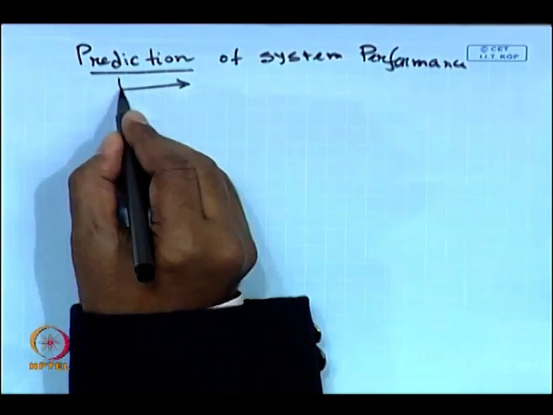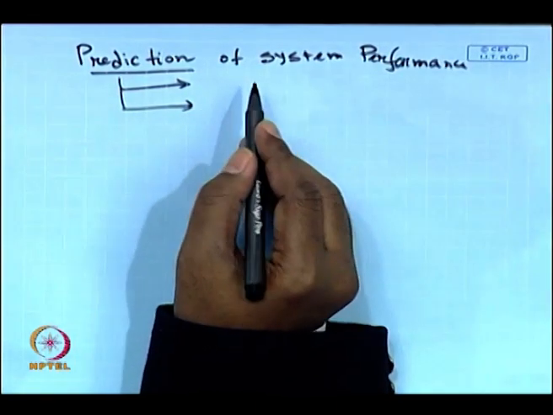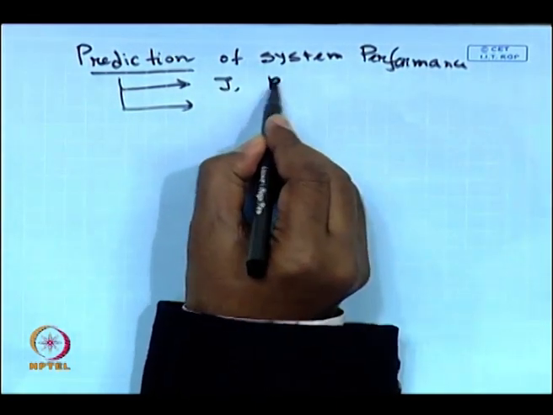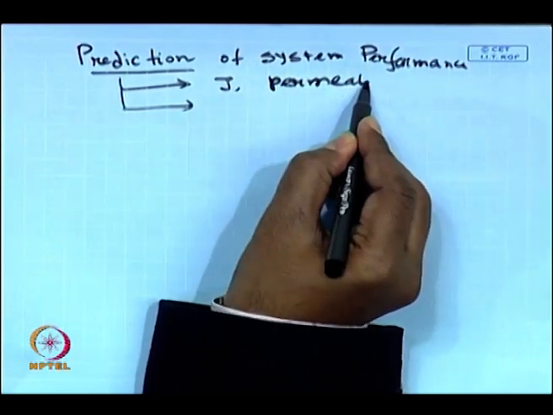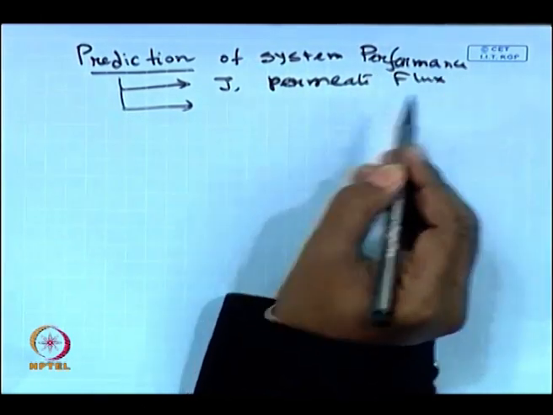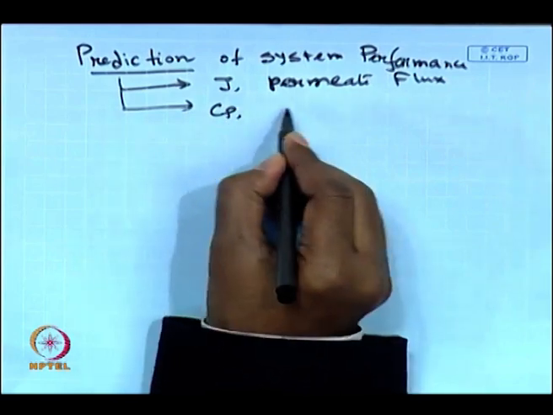Basically there are two aspects in the prediction. One is the productivity of the process, that means permeate flux. Another is permeate concentration, Cp.